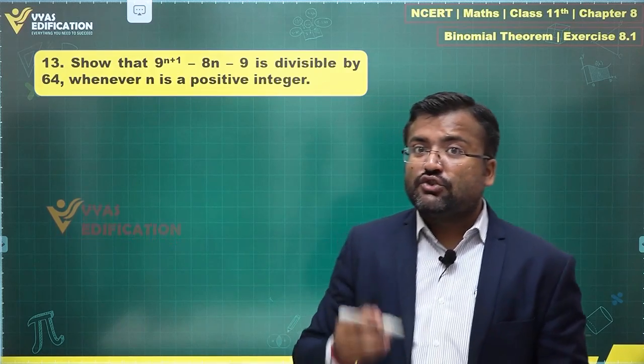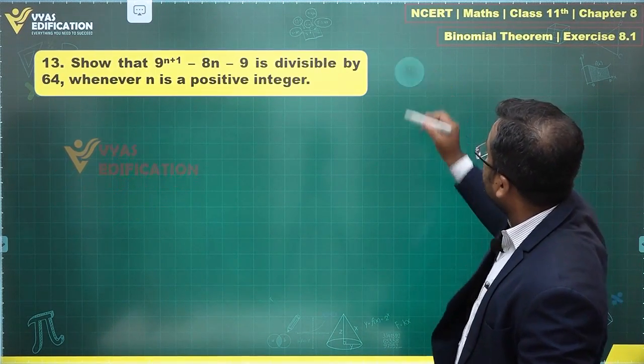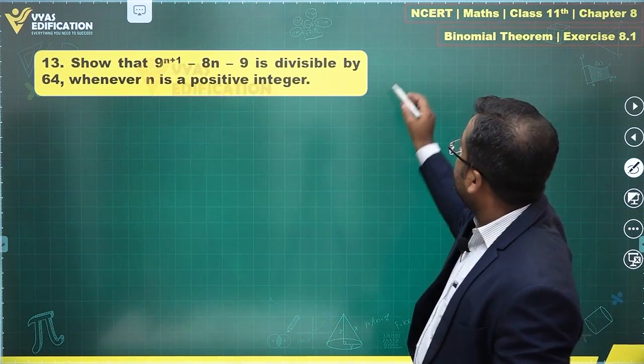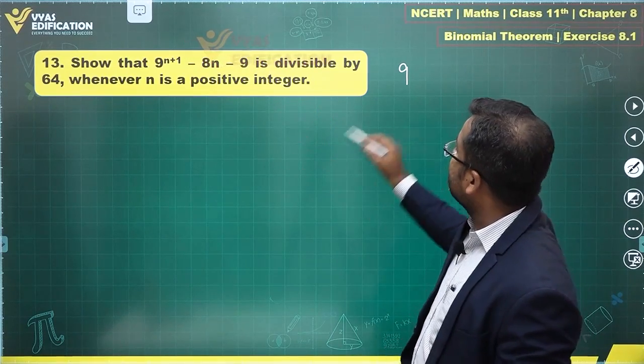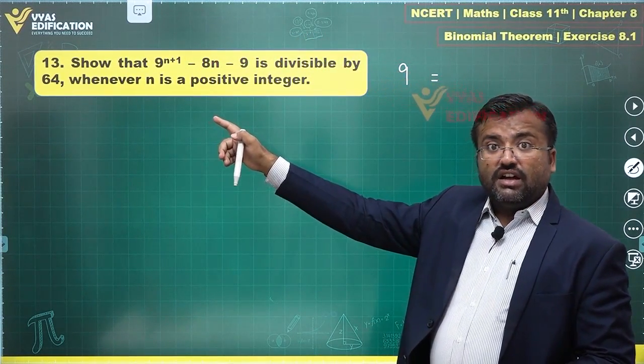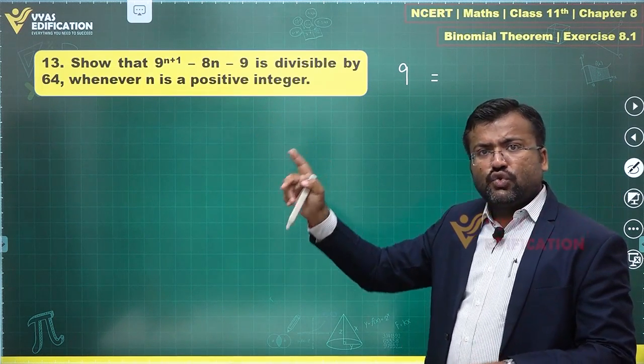The target in such questions, whenever you encounter such questions, is generally to write this base of 9 such that we want to divide with 64, right? 64 is 8 square.